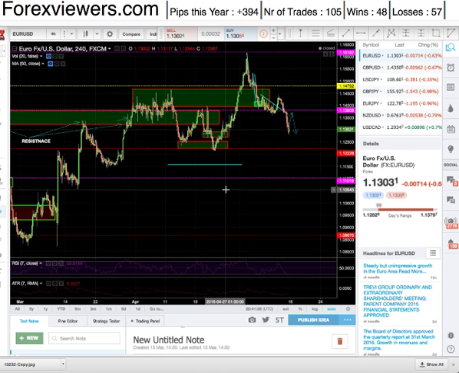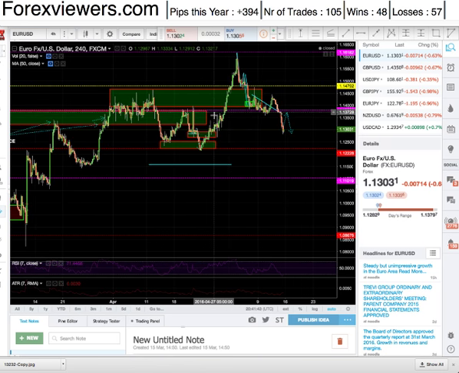With that being said, let me see here. So I'm looking at two possibilities here if the market continues lower. That is a push to, or an outside return to, this level right here, which is drawn on the chart.